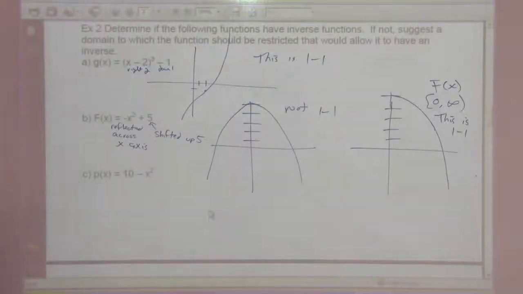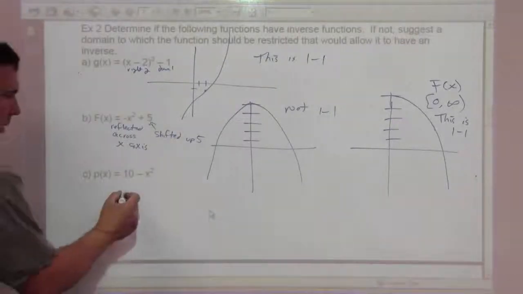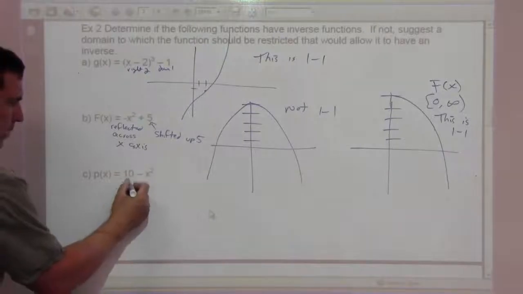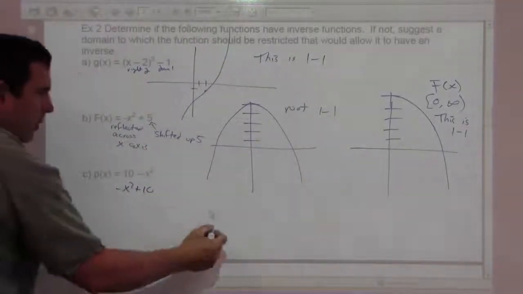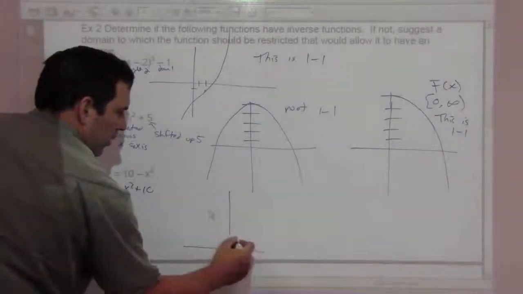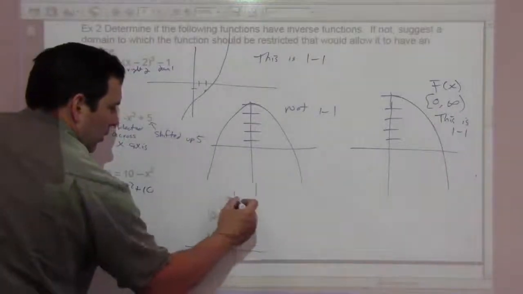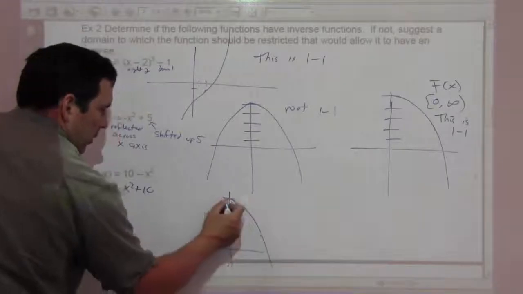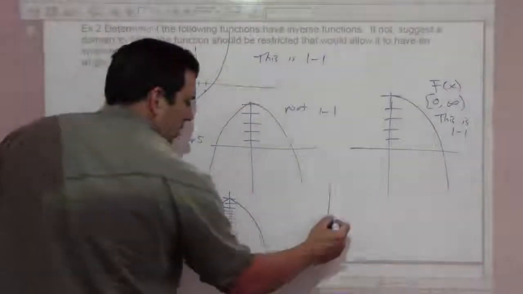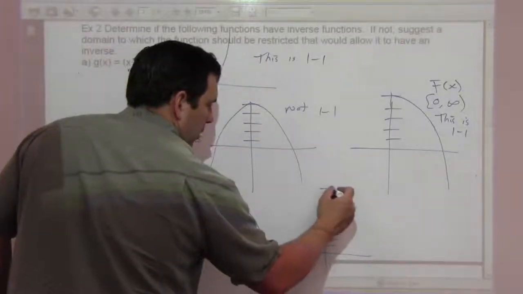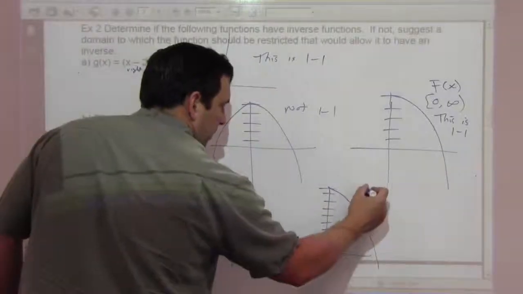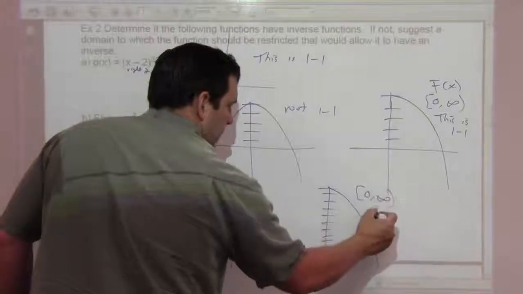And then p of x equals 10 minus x squared. So again, this could be written as negative x squared plus 10. So it's like what we just saw above. And if we restrict that domain from 0 to infinity, this is one-to-one.